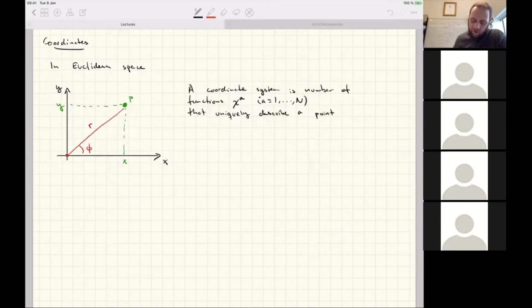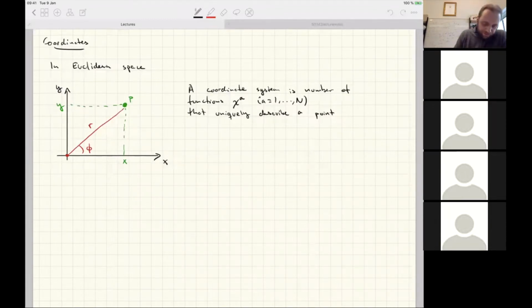So if I give you the values of all of these n functions, you're going to know which point I'm referring to. So for example, if I give you the values of r and phi, you know that I'm referring to this point P here. And as I said, examples are, in this case, Cartesian coordinates x and y, or the polar coordinates r and phi.